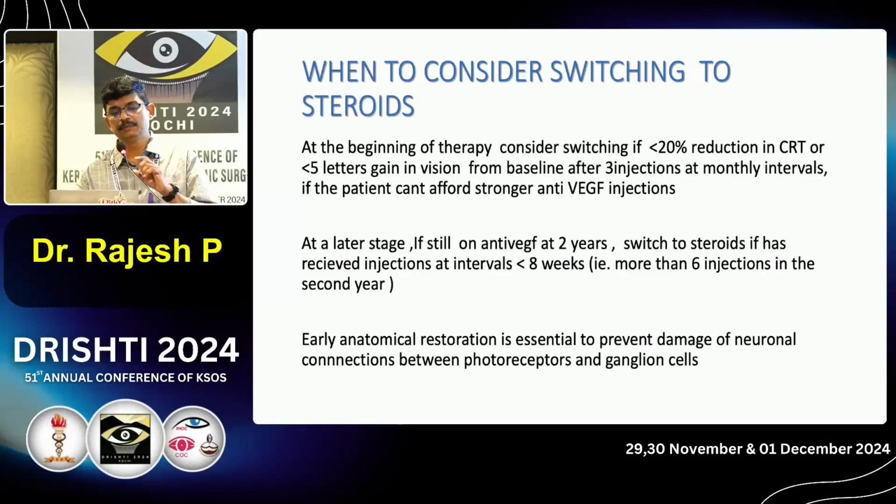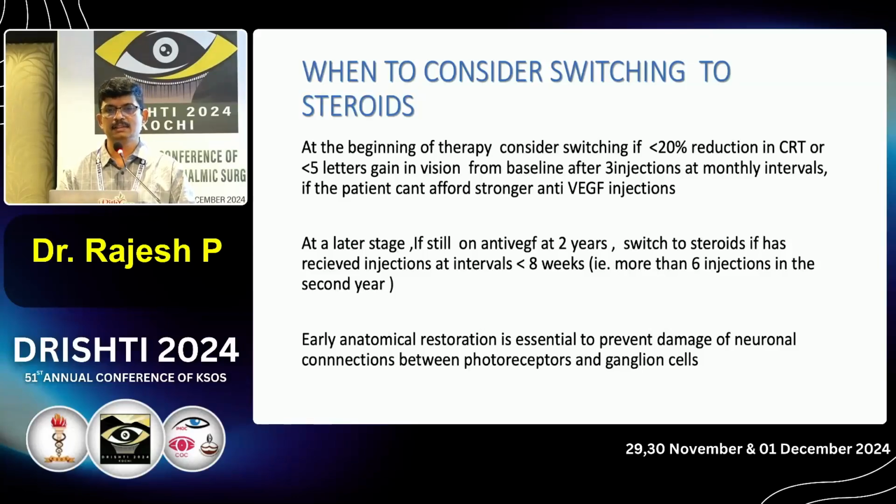So when to consider switching to steroids? From what I have told you, we now know that when there is no significant reduction in the central retinal thickness during the first 3 months, or there is not much significant improvement in vision during the first three months, or if the patient cannot afford a stronger anti-VEGF injection, then we should think about switching to steroids.